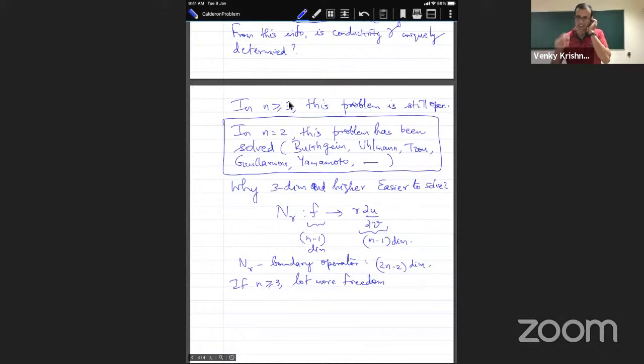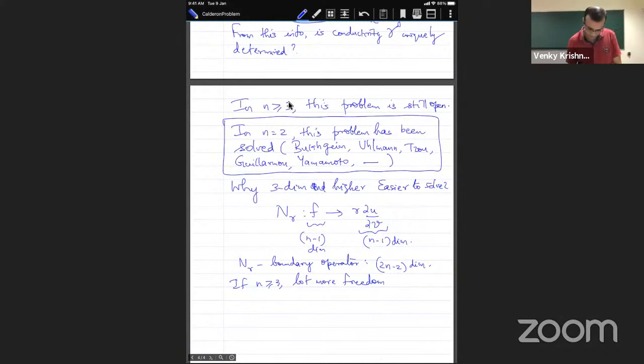It's a very vague way of thinking about this problem: if n is bigger than or equal to 3, you are interested in determining a function which depends only on n variables, and the boundary operator, the Schwartz kernel, depends on 2n minus 2 dimensions. So when n is bigger than or equal to 3, you have a lot more data, which means that you can exploit this freedom to solve in 3 dimensions and higher, which is actually what Sylvester and Uhlmann did.